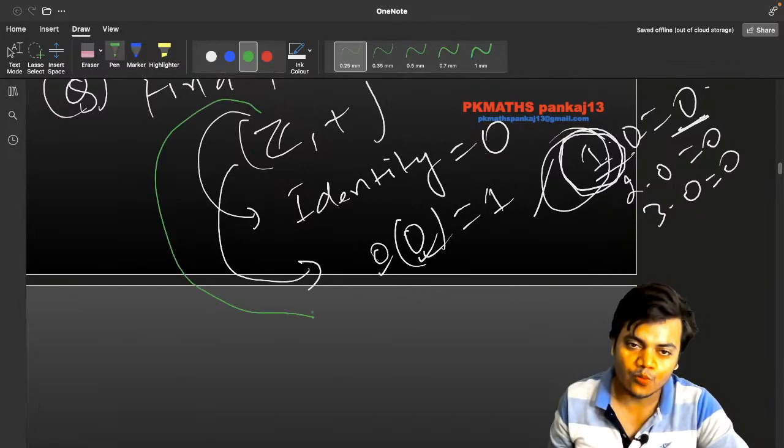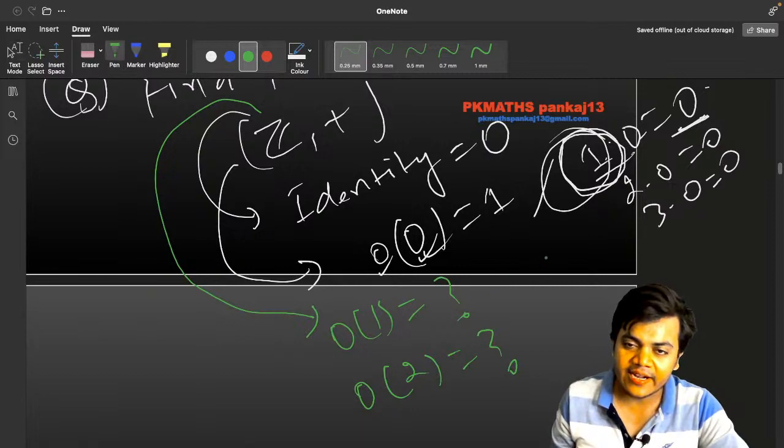जैसे Z के अंदर तो 1 भी है, 1 का order क्या होगा? ठीक है, Z के अंदर तो 2 भी है, 2 का order क्या होगा? Z के अंदर तो -2 भी है, -2 का order क्या होगा?